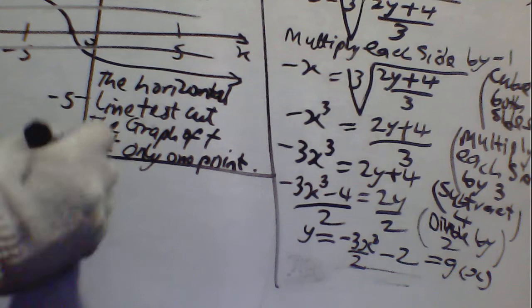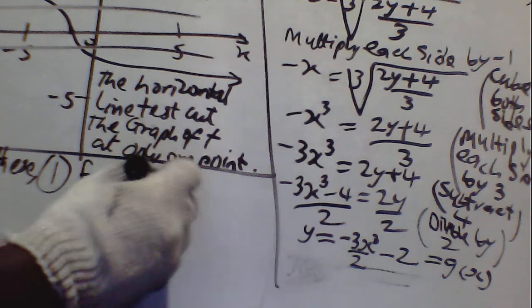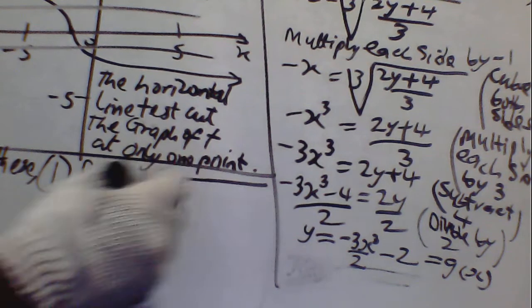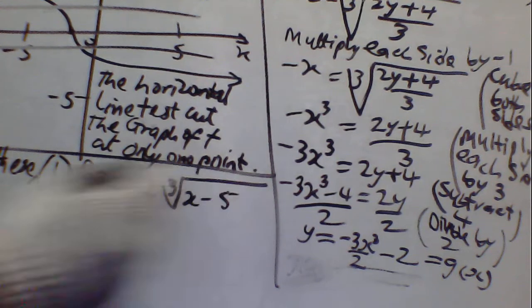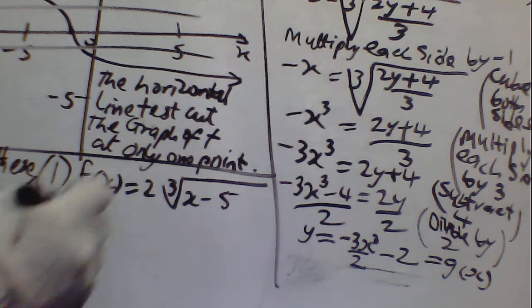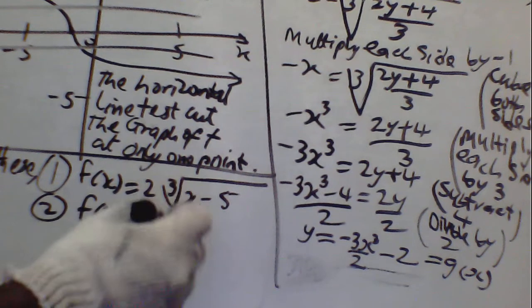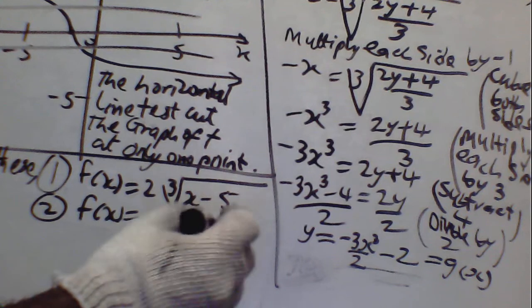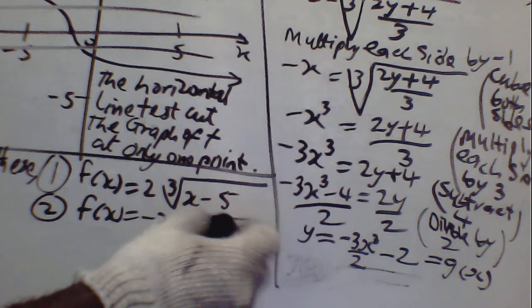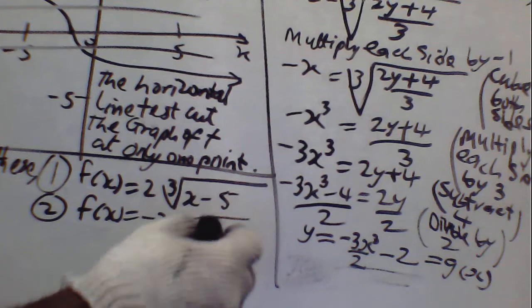The first one is f of x. Determine whether its inverse is a function and then solve the inverse. The second one is f of x equals to minus 3, 4x minus 7 divided by 3.